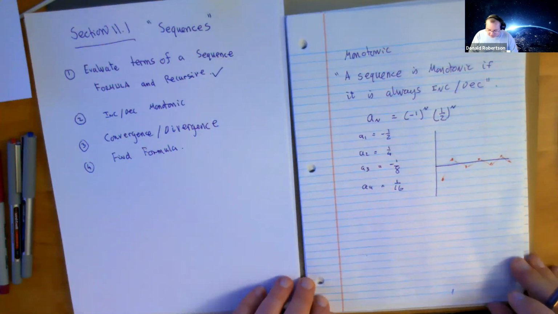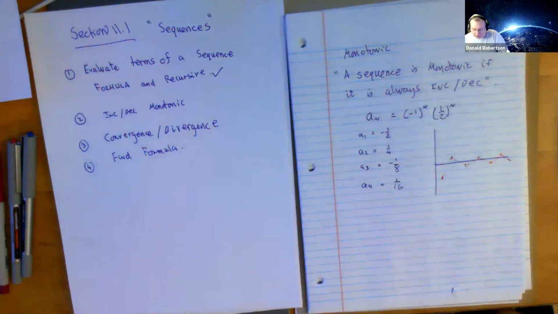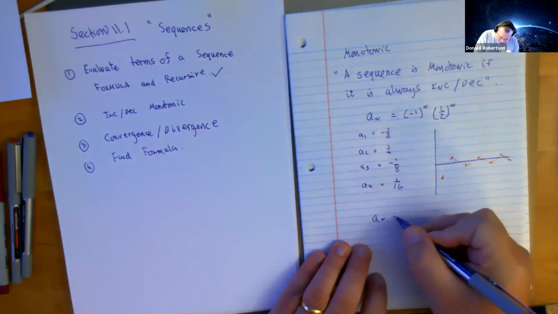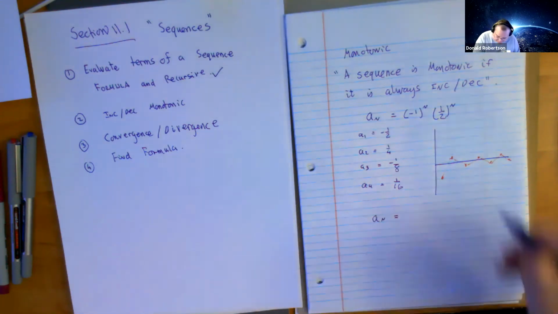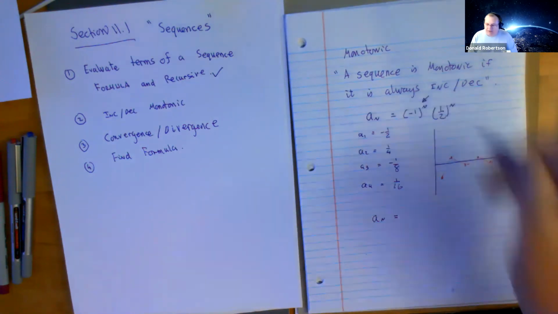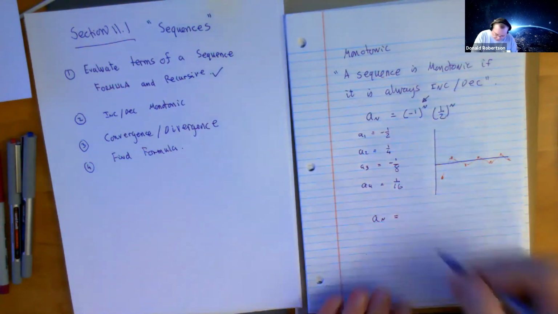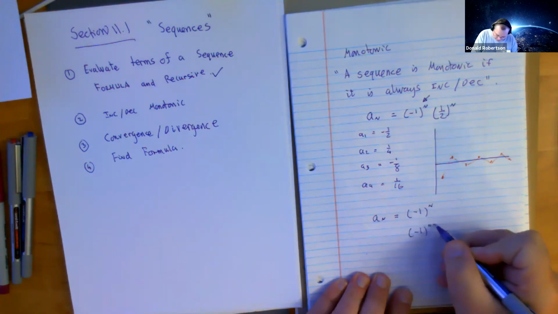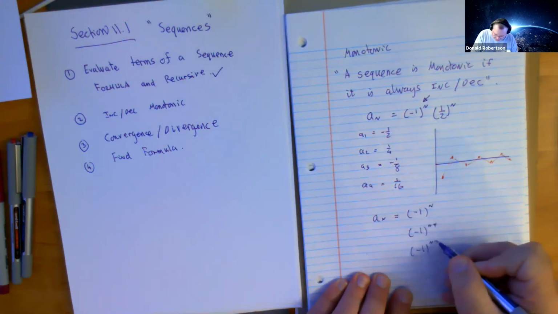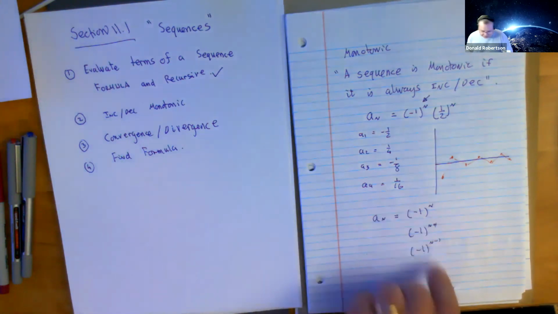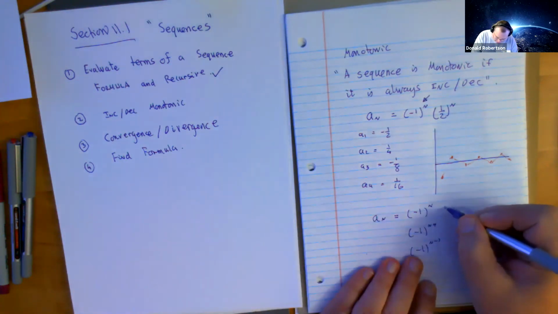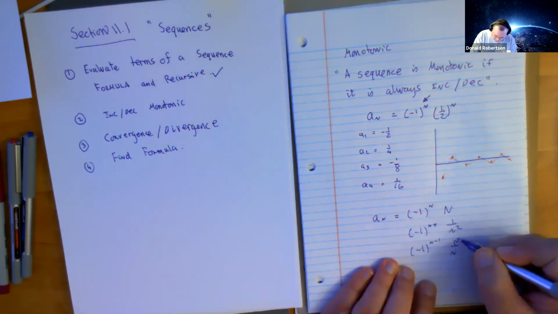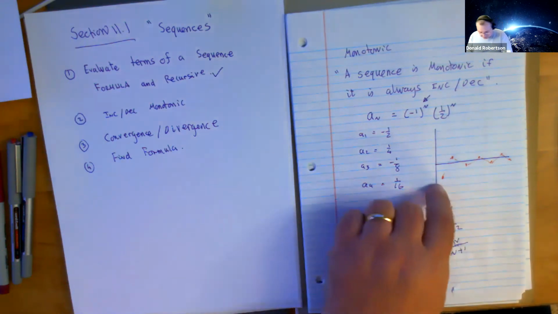So how do we tell if a sequence is monotonic? Well, you have its formula. If you see a -1 to the n, or a -1 to the n plus 1, or a -1 to the n minus 1, sometimes they do one of these 3 versions, some kind of formula. Doesn't matter what it is.